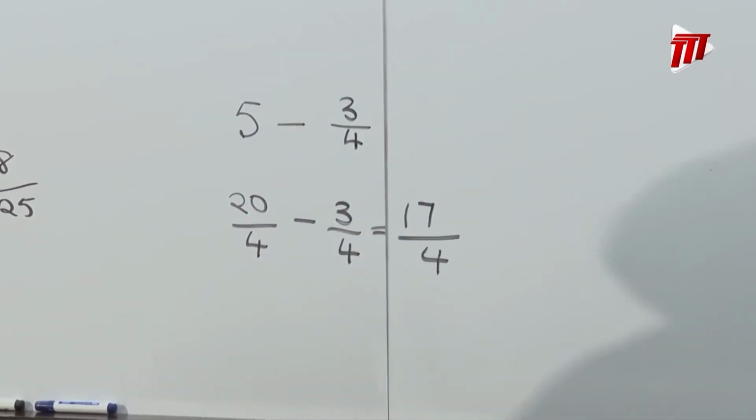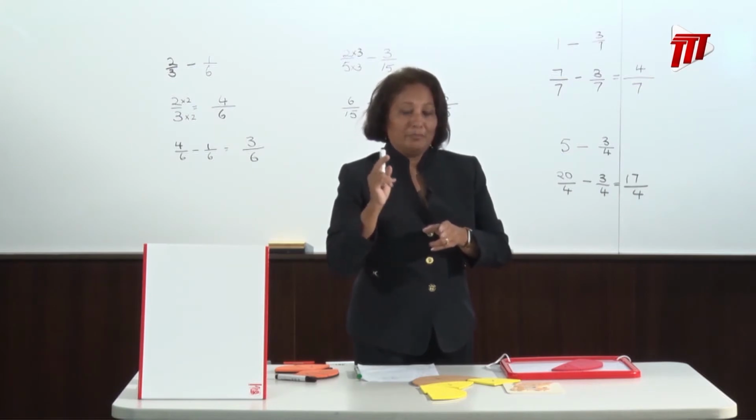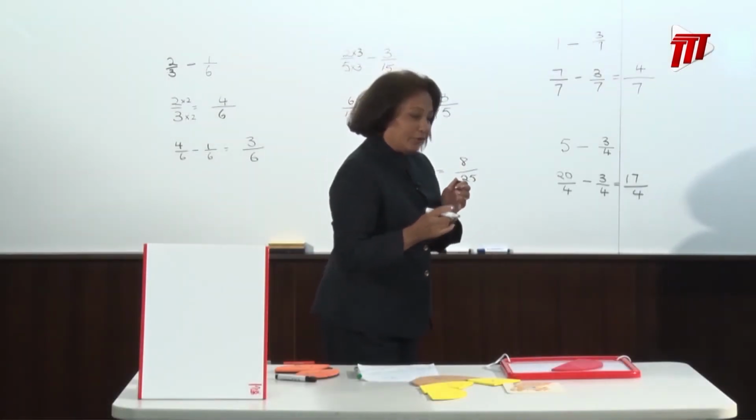17 over 4, 17 quarters, is what kind of fraction? Is it a proper fraction? How do you know it's not a proper fraction? Because the numerator is bigger than the denominator. So I could convert that into a mixed number. And how do we convert to a mixed number again?